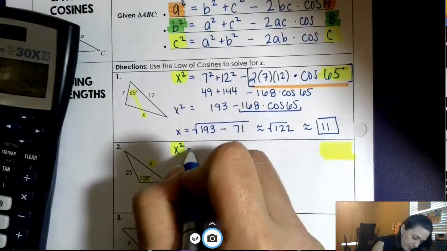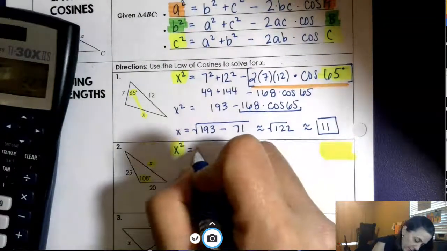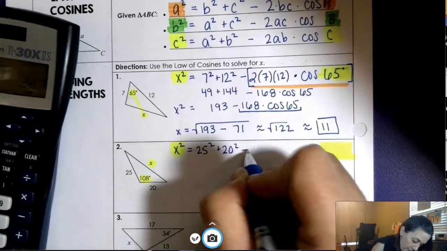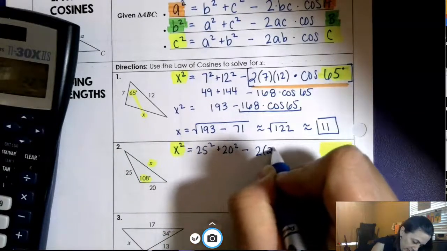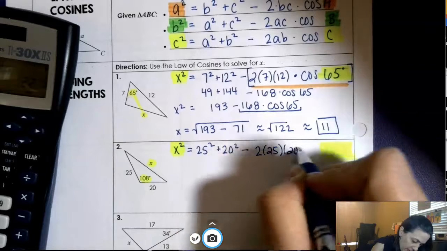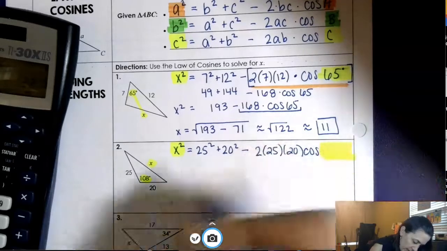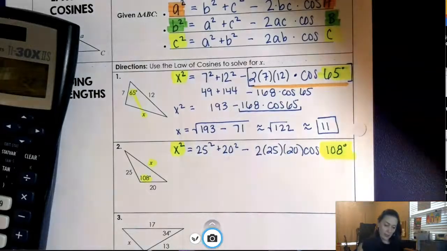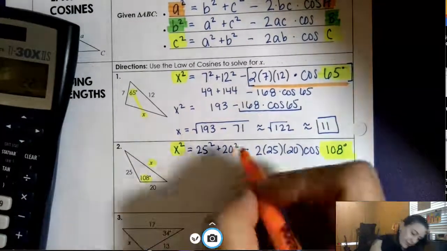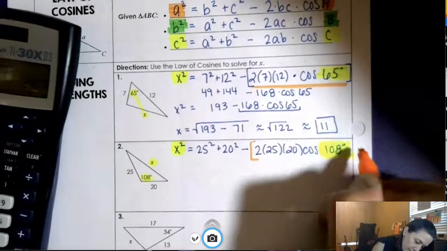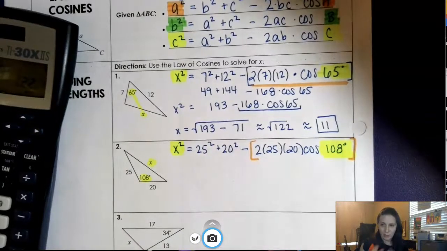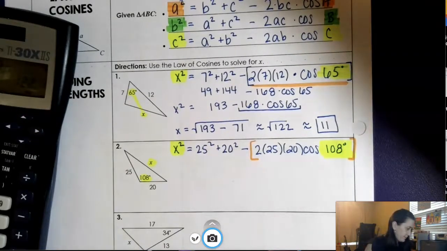X squared equals 25 squared plus 20 squared minus 2 times 25 times 20 times cosine of my angle, 108 degrees. Now remember that all of this has to stay together, so I'm just going to kind of put that bracket around it so you remember you have to calculate that first before you subtract.